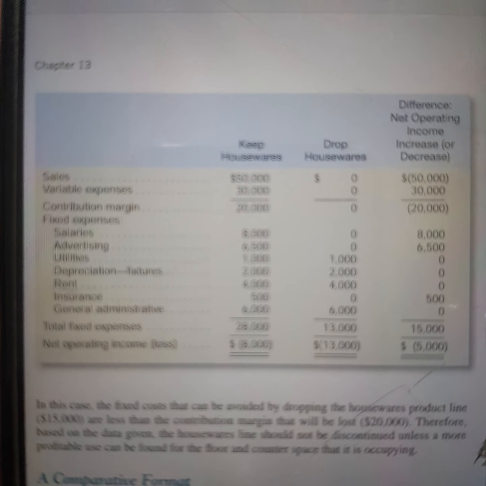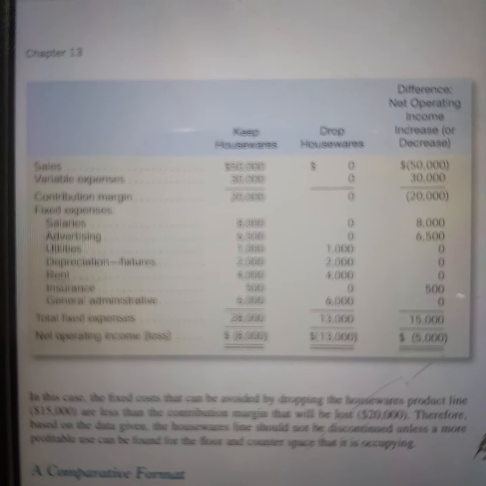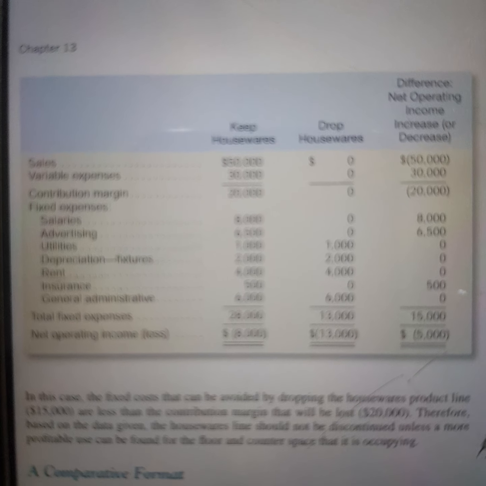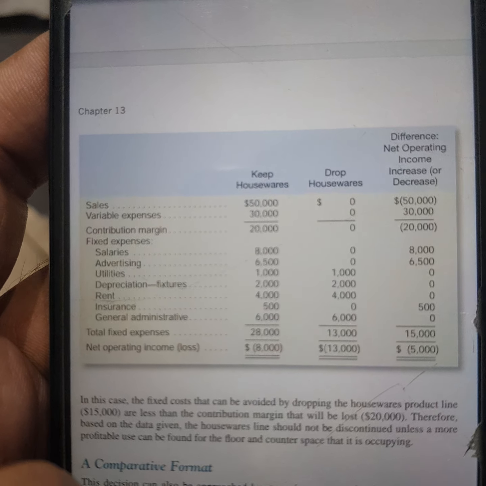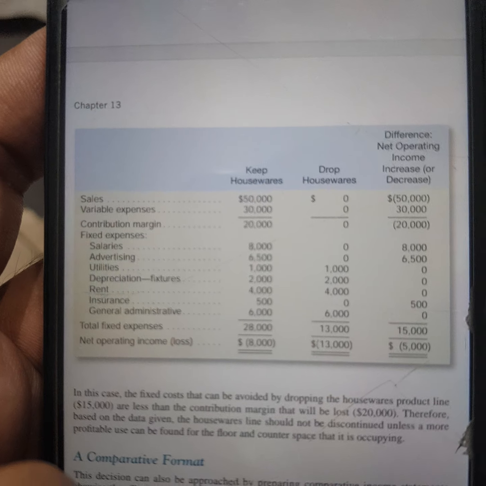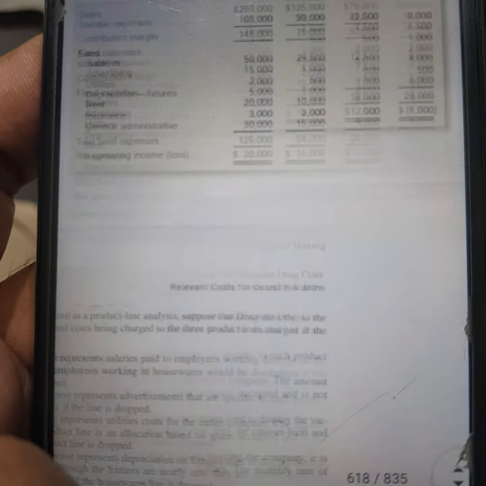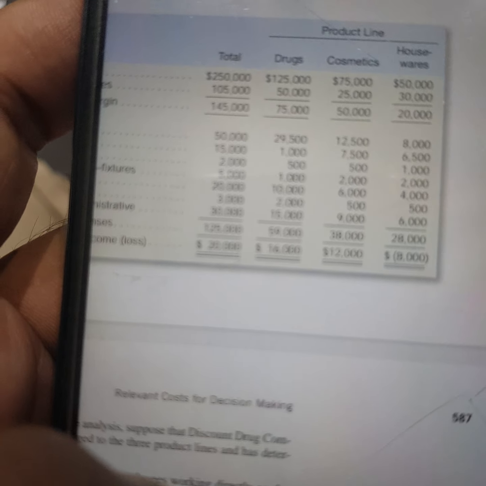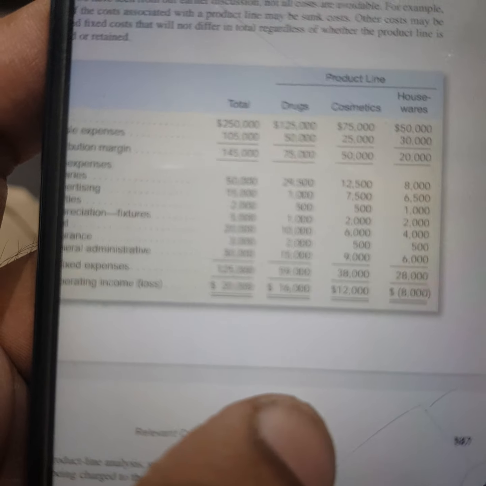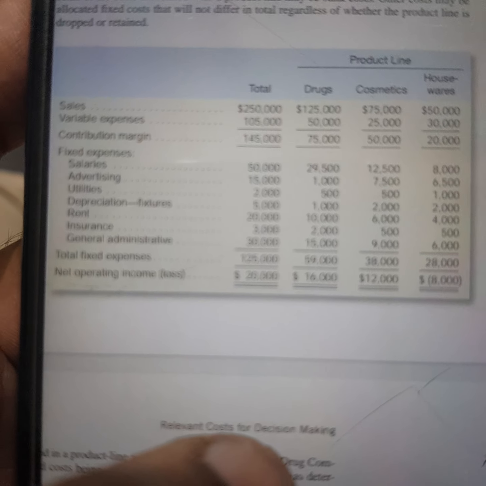Here is a look at the overall status. If we ignore the avoidable fixed expenses, our net operating loss will become 5,000 rupees, as it was 8,000 rupees earlier when we were unable to avoid the costs.